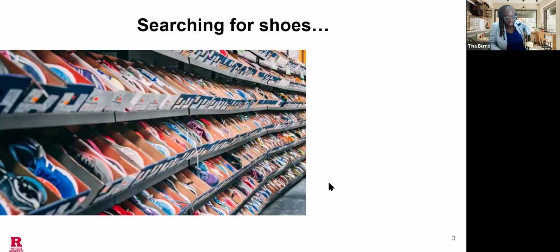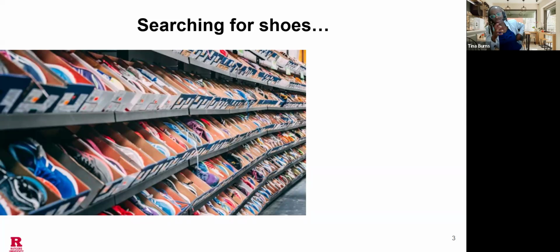So imagine this, right? For those of us that are shoe lovers, or you can pick really any item that you love. What do you see from this picture? If I were to look for a very particular pair of shoes that I really loved, what do you think would happen? Well, more than likely, it would take some time to find it.